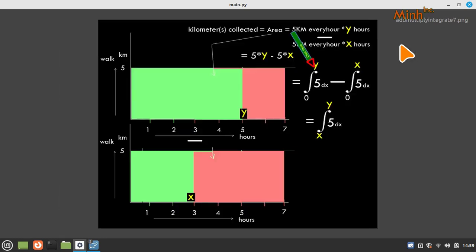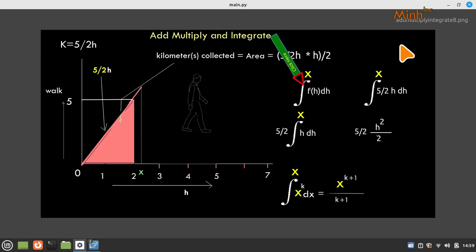So this triangle we are talking about now. A person's speed is not constant, speed is growing. Speed is growing at 5/2 per hour. How much distance has he covered in 2 hours? That is the area.